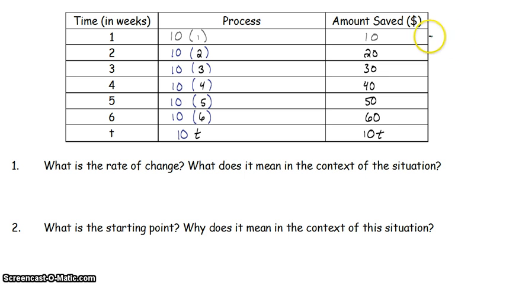If I did this in my table, I get plus 10 each time here, and plus 1 each time here, which means my rate of change is 10 over 1, or $10 per week, which means she has saved $10 each week.